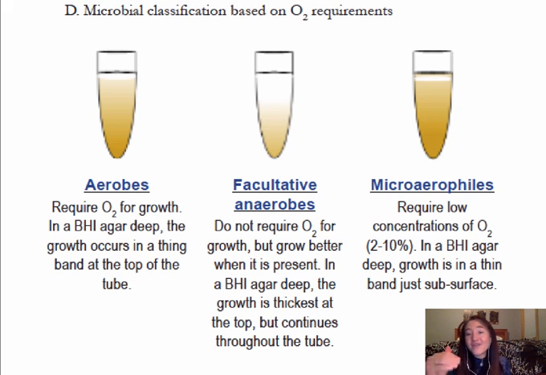And that's a microaerophilic bacterium. So you can see how it would find niches in the gut that would have 2 to 10% oxygen, low concentrations of oxygen in which these organisms thrive. So they form this thin band of growth in the region where they find their 2 to 10% oxygen, but they won't grow anywhere else.